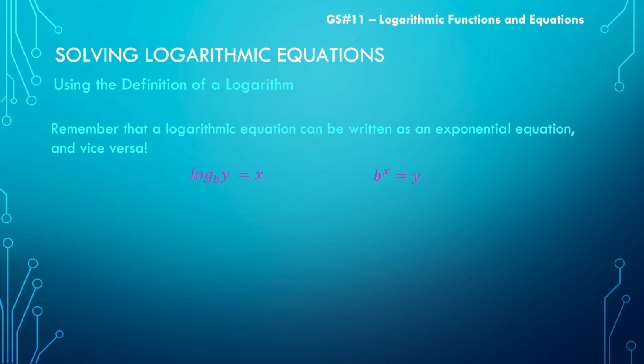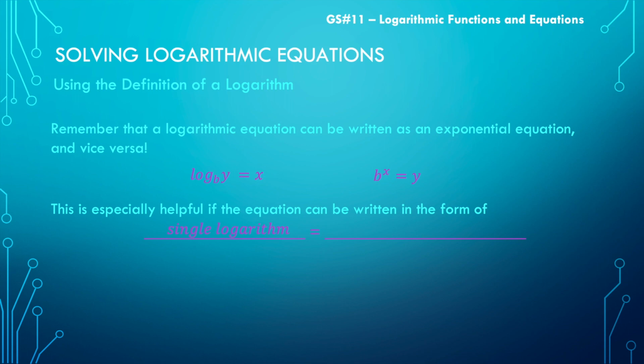That comes in handy if we have an equation that can be written in the form of a single logarithm is equal to a constant. If you have a logarithmic equation and there is a constant somewhere in it, then you can probably manipulate the equation so that it is one log is equal to that constant.